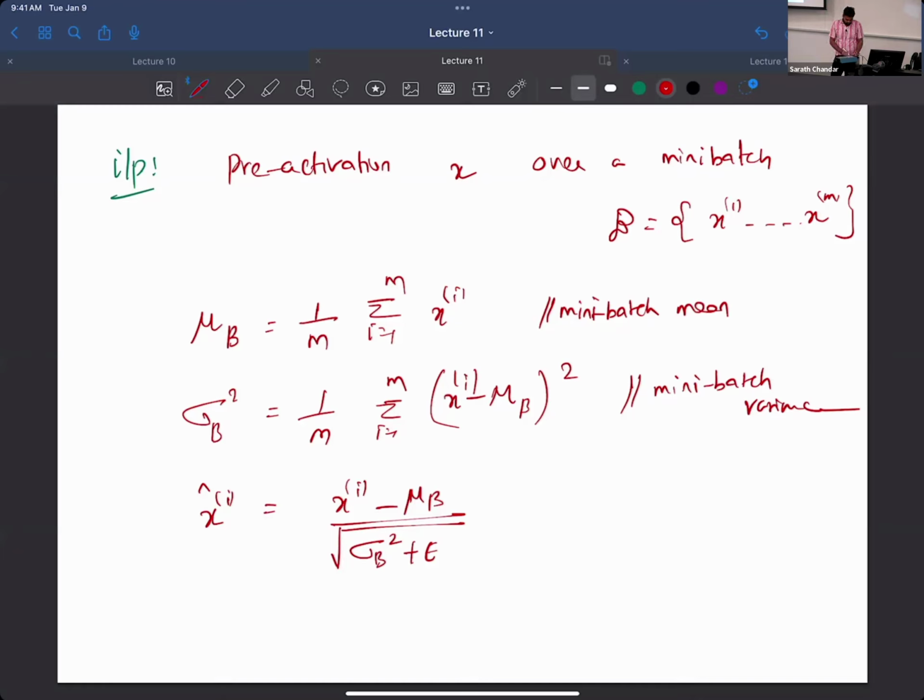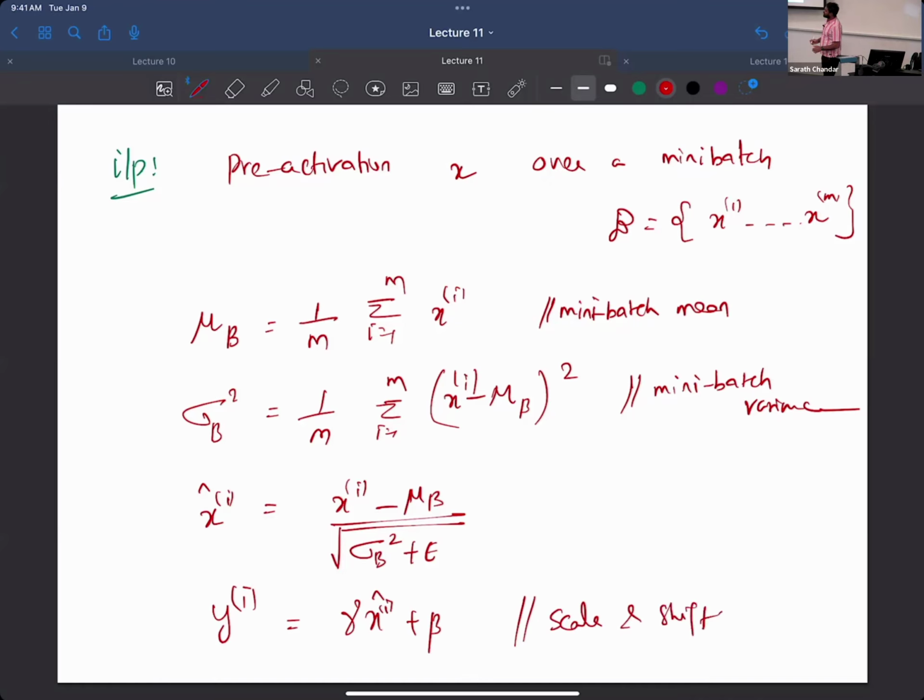So what they did in batch norm is to compute y_i, which is basically gamma times x_i hat plus beta, which is to scale and shift.